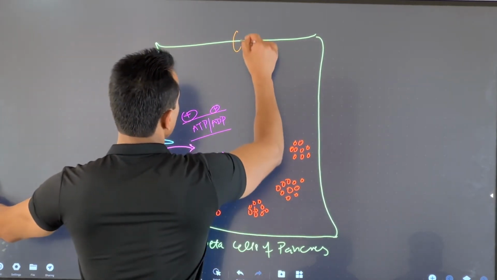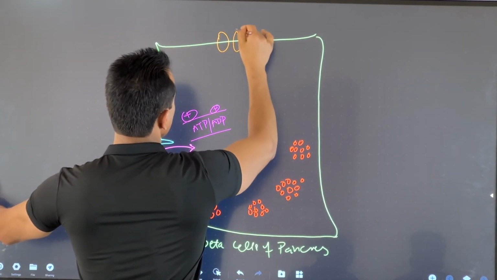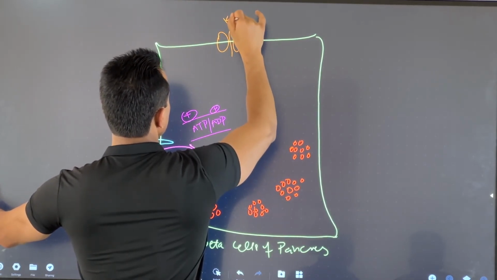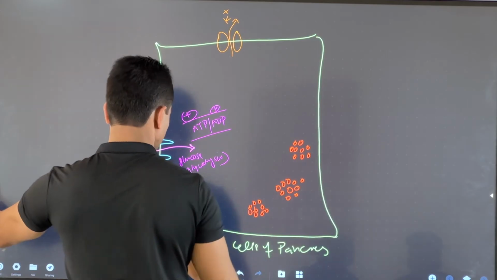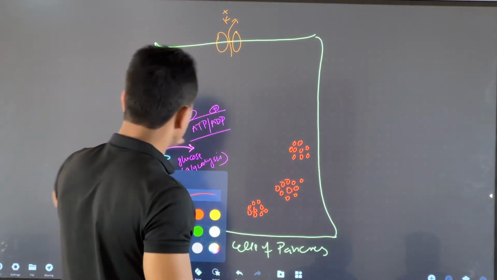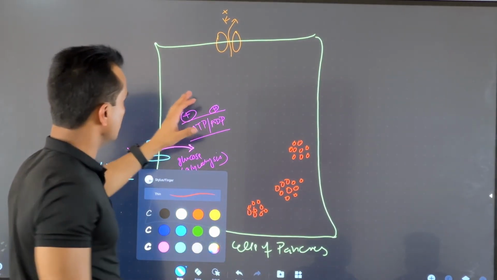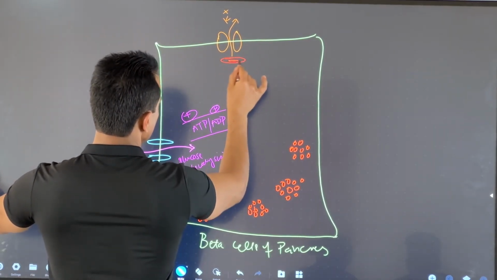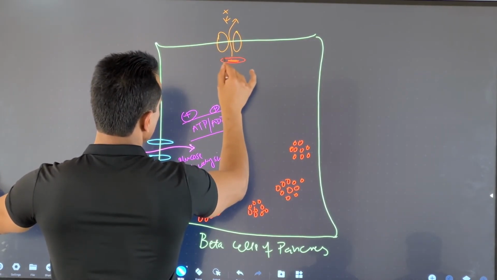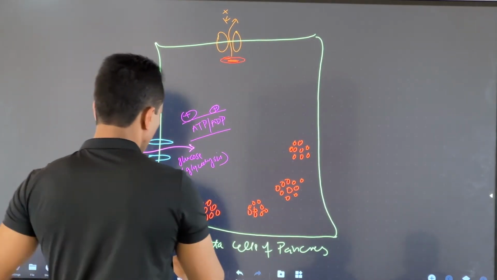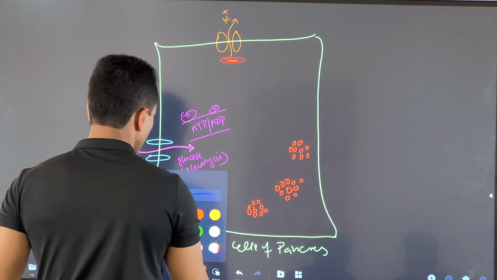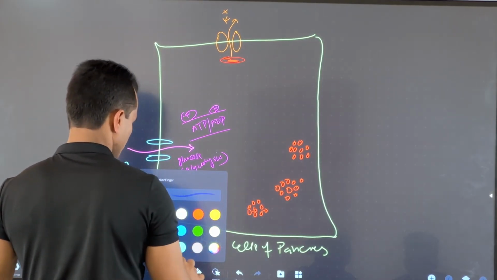So here suppose you have these small channels, these are potassium channels. As soon as ATP production is increased inside the pancreatic beta cells, these channels will get closed because they are ATP sensitive channels. Potassium channels get closed. Immediately after closure of the potassium channels, your calcium channel will open.